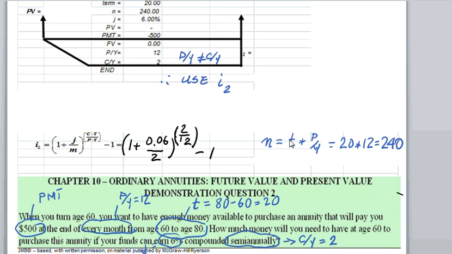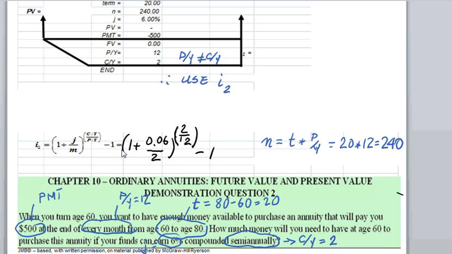N is equal to T times P/Y. T is in years, so 20 times 12 is 240. The nominal rate is given as 6%, so we put 6% in here. Payment is given as $500. Future value is going to be 0.